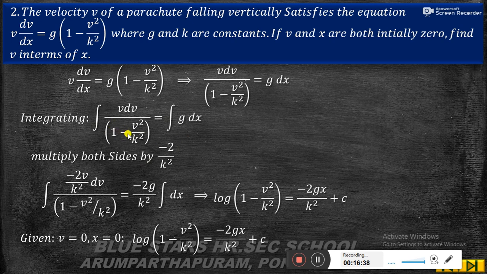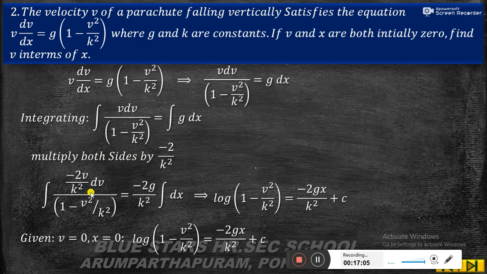The differentiation of 1 minus v square by k square is minus 2v by k square. So we need the minus 2 by k square, so I multiply both sides by minus 2 by k square.